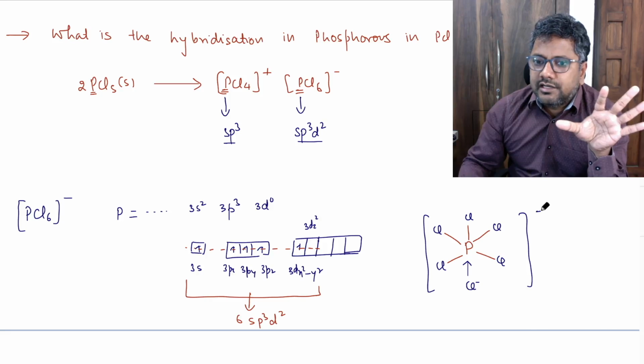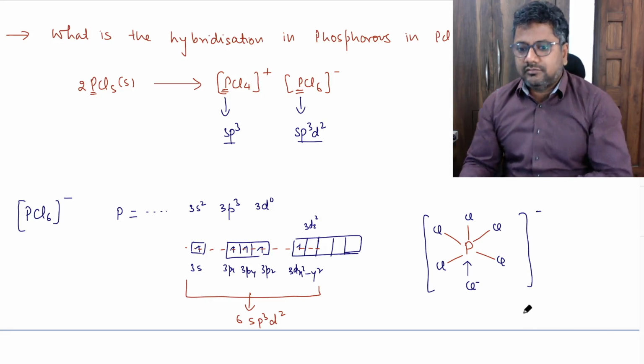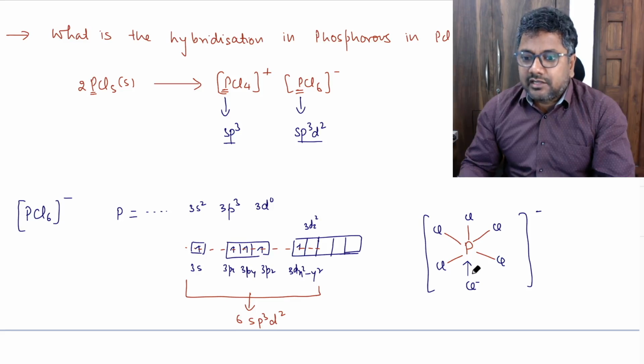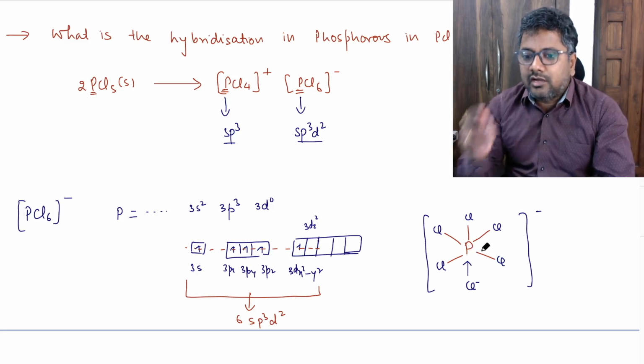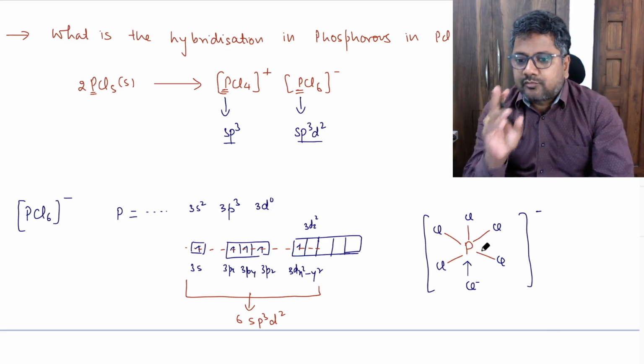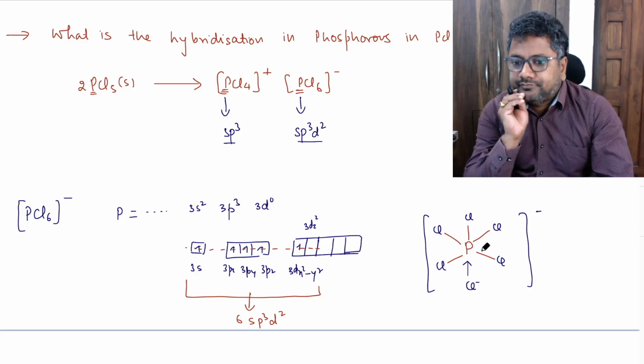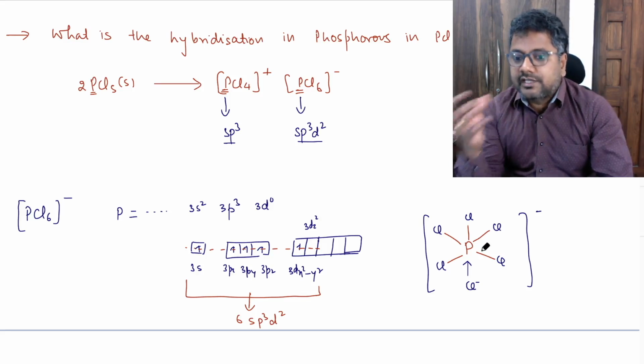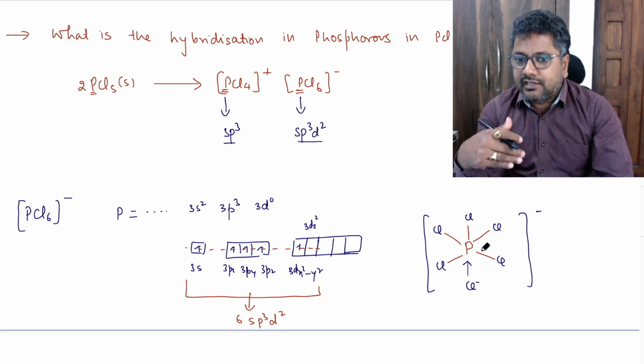See, this is the structure of this molecule. So you have 5 normal covalent bonds. These are normal covalent bonds, and this is something different. In this covalent bond, both the electron pairs are provided by chlorine. It is not mutual sharing. It is sharing, but it is not mutual sharing, right?